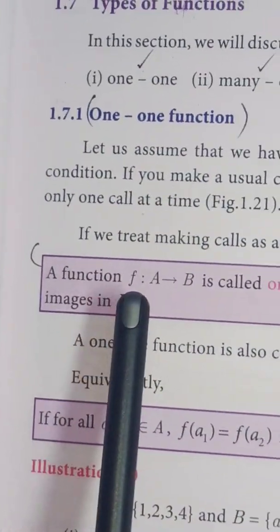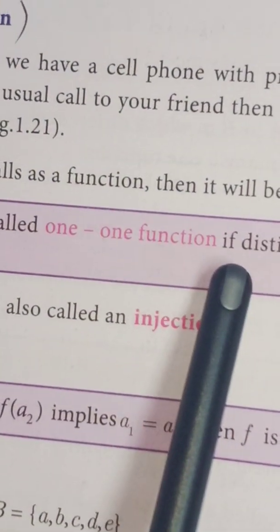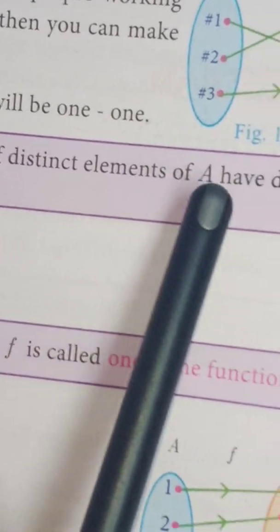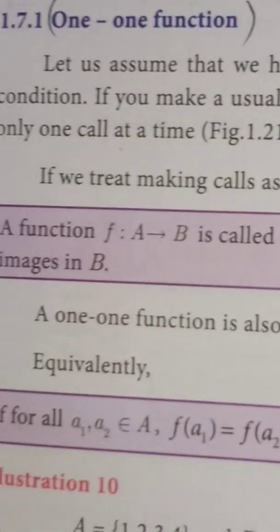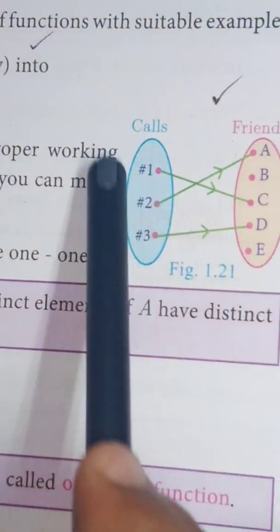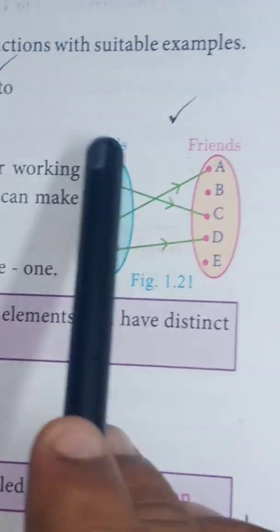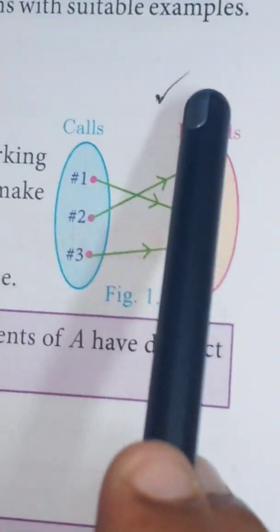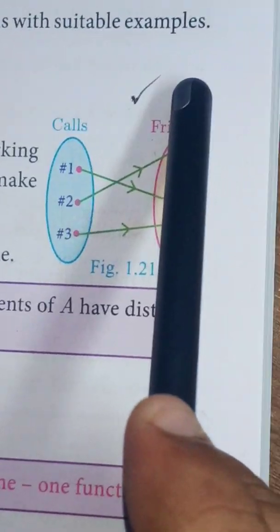A function f from A to B is called a one-to-one function if distinct elements, distinct means different elements, of A have distinct images in B. Look at that example, arrow diagram. This one represents A, the domain, and this second set, B, represents the codomain.